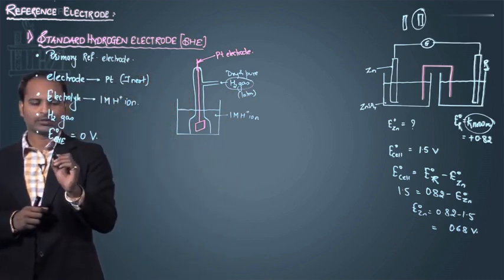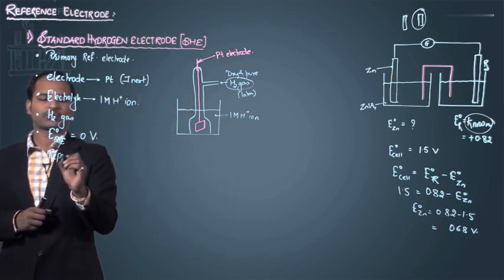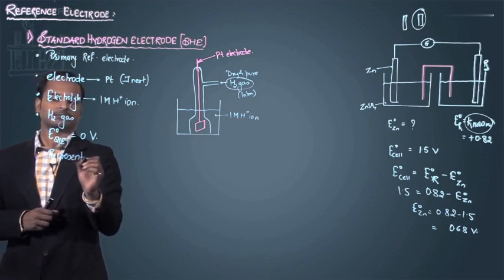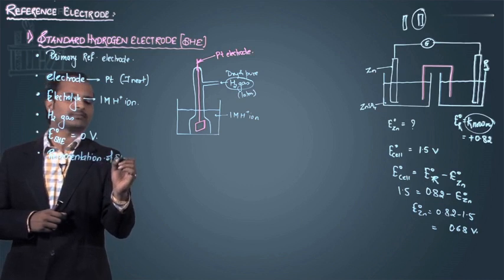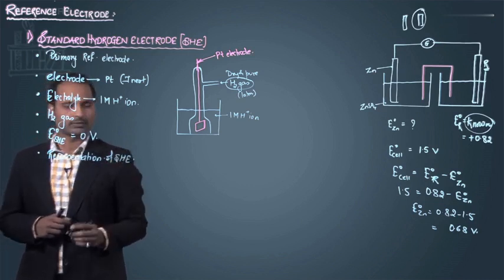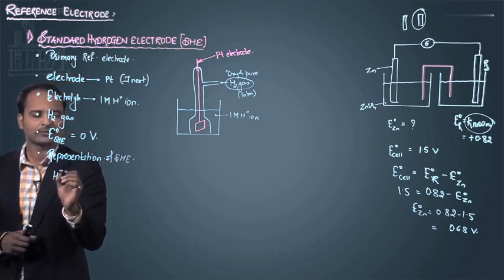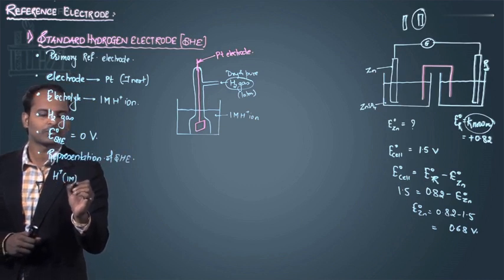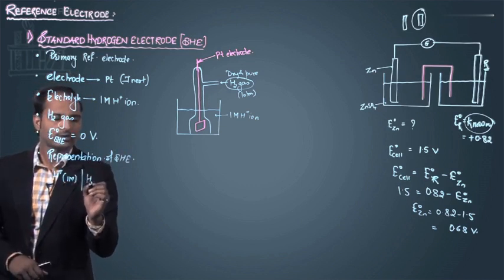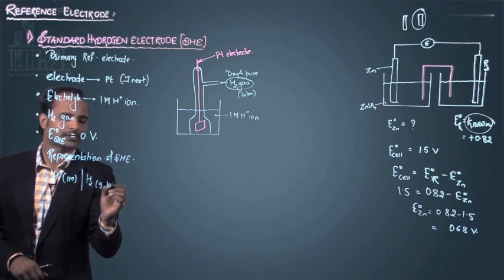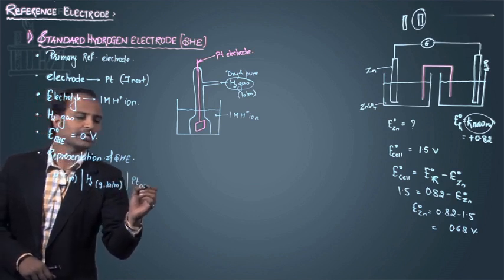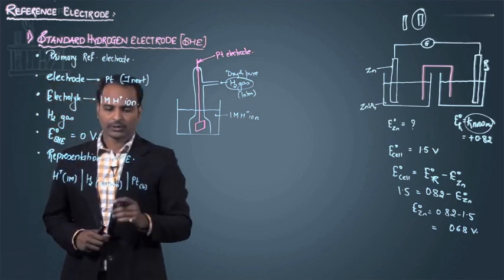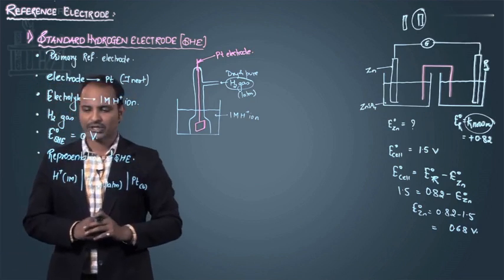So the representation of the electrode of SHE is: H+ ion whose concentration is 1 molar, then hydrogen gas at a pressure of 1 atmosphere, and then platinum, which acts as an inert electrode. So this is the representation of SHE.